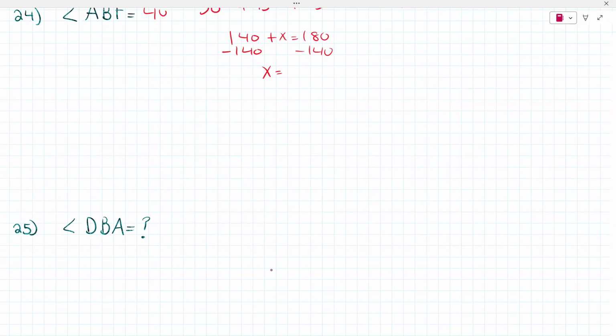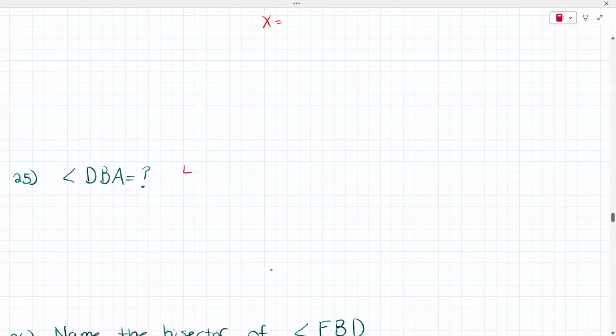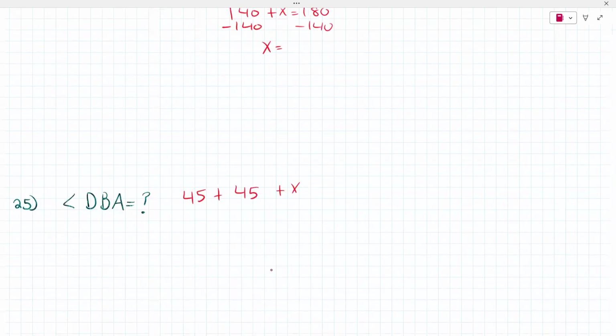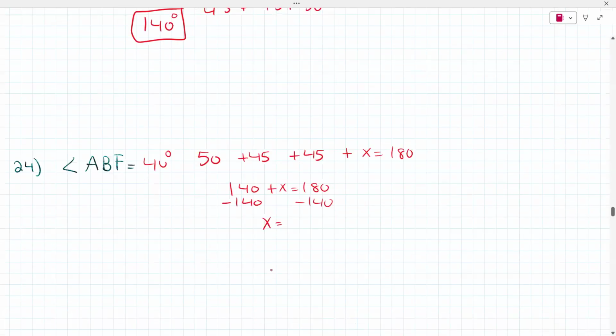So it's a mixture of angle DBE, which is 45, plus angle EBF, which is also 45. And then we don't know what angle FBA is. We'll call it X. Wait, I think we do know what DBA is.